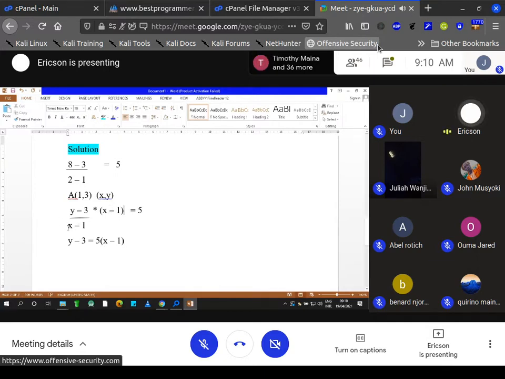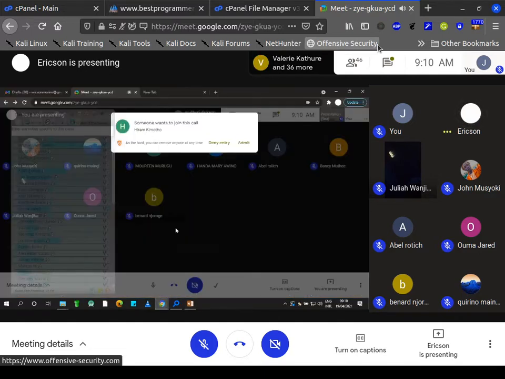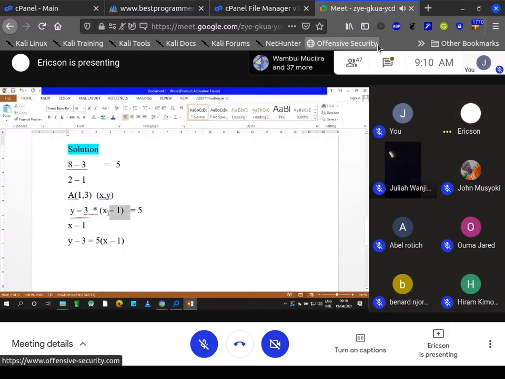If you multiply this side by x minus 1, this and this cancel out, and you remain with y minus 3. Then also multiply the right hand side by x minus 1, so that the resulting equation will be the one highlighted.